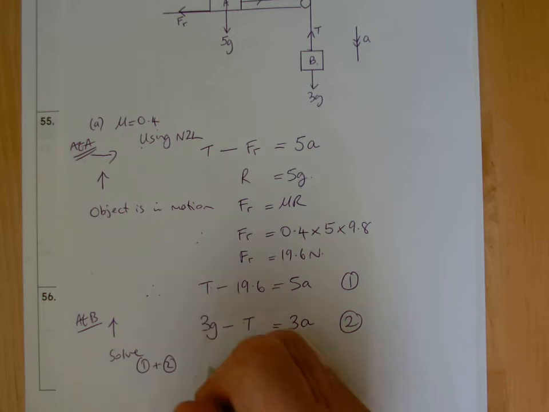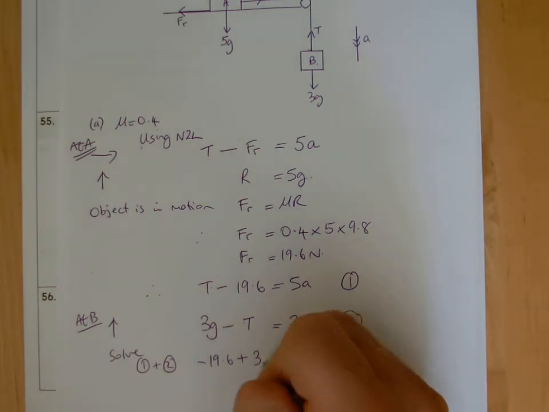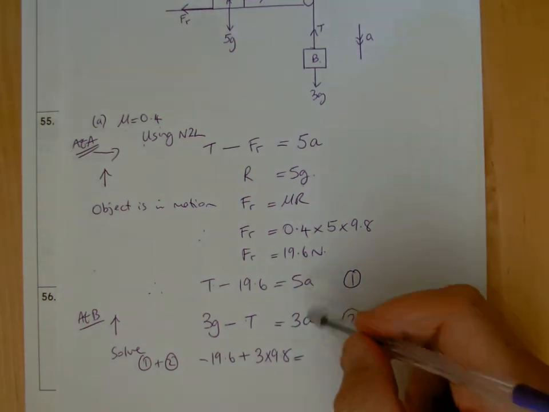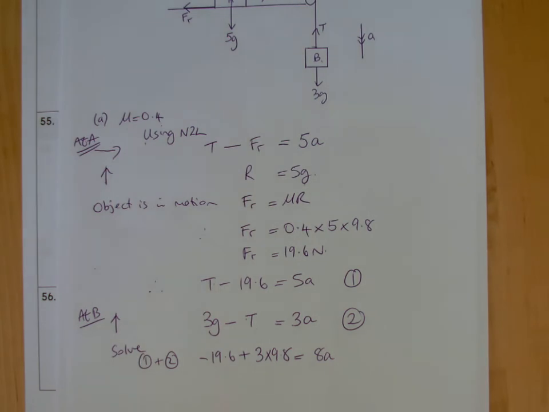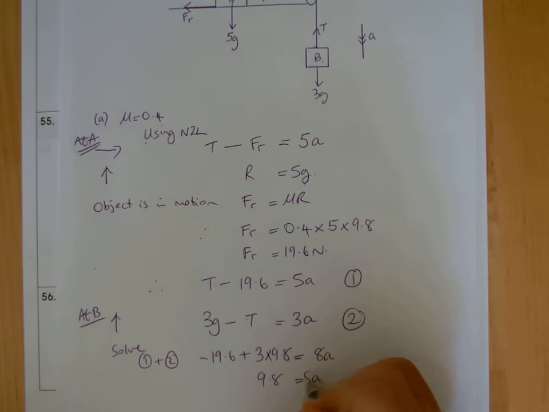I've got minus 19.6, add the 3g, which is 3 times 9.8, and then add these, so that becomes 8a. So a bit of calculator work here: minus 19.6, add 3 times 9.8, and we get 9.8 equals 8a.